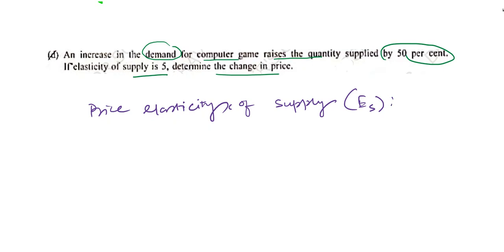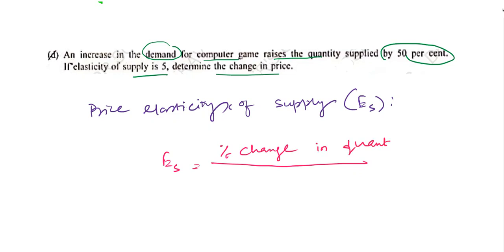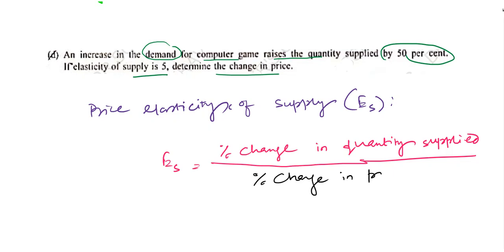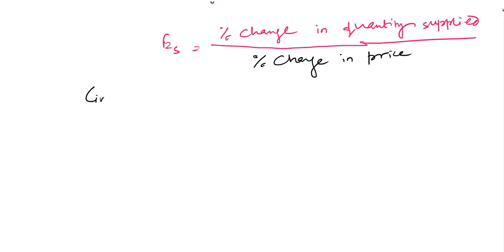So ES means percentage change in quantity supplied divided by percentage change in price.